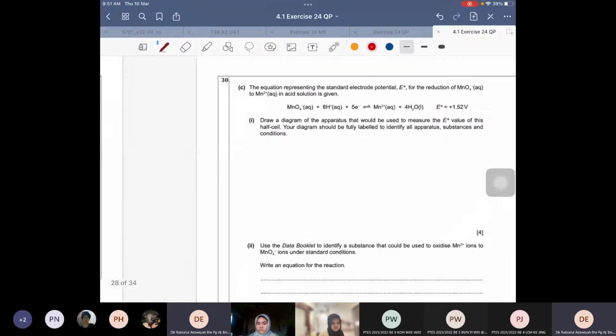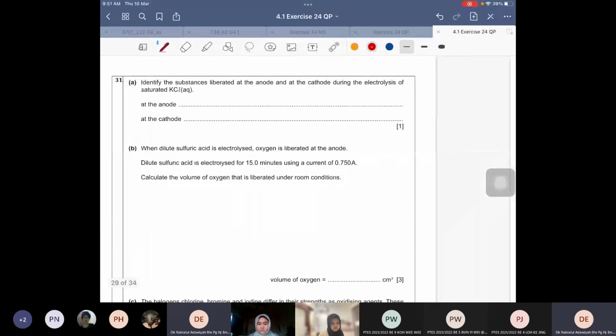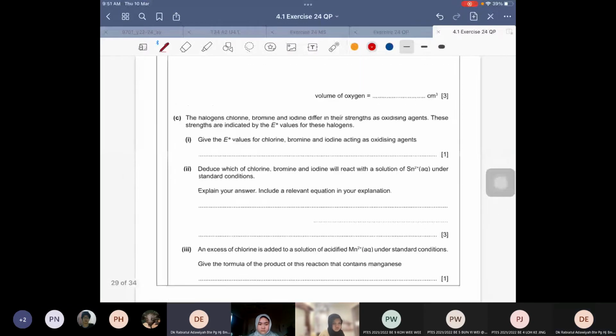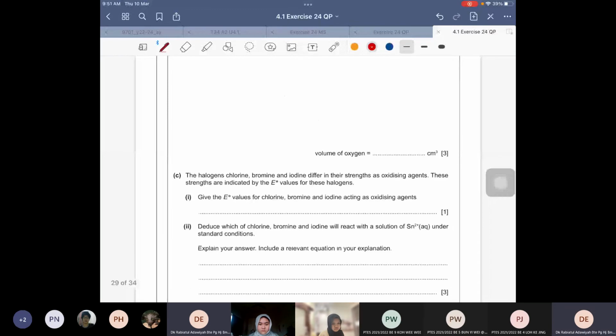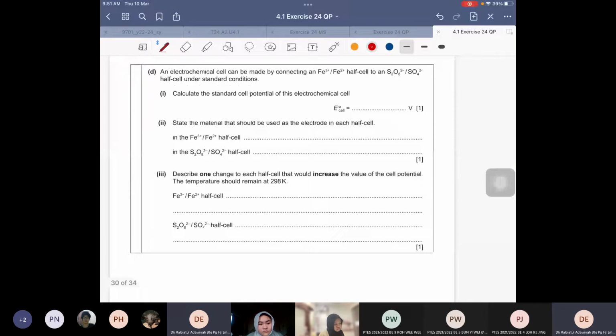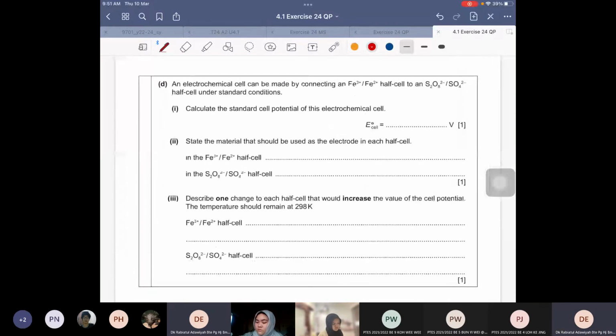I think the numbering is a little bit messed up on my version. Sorry, not 32, I'm sorry. 31D part 3. Okay, it's 31. Question 31D.